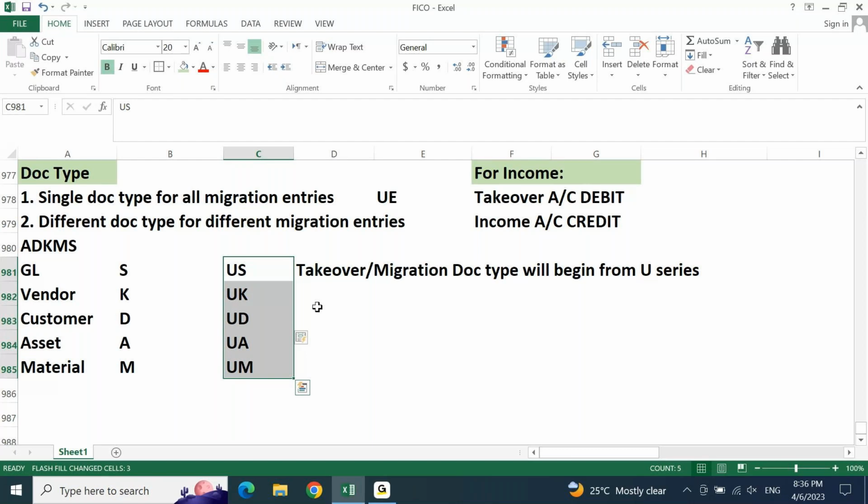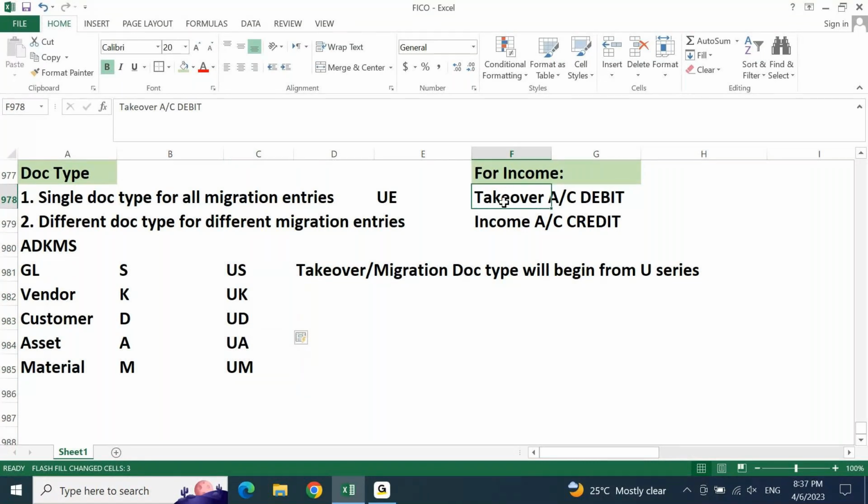These document types' total value should become 0, because they are used only for migration purposes. When you take the trial balance, it becomes 0, which means the entries uploaded through these document types should also become 0. We tally these document types with your takeover accounts.